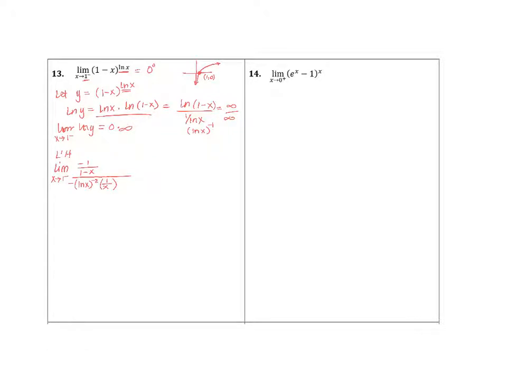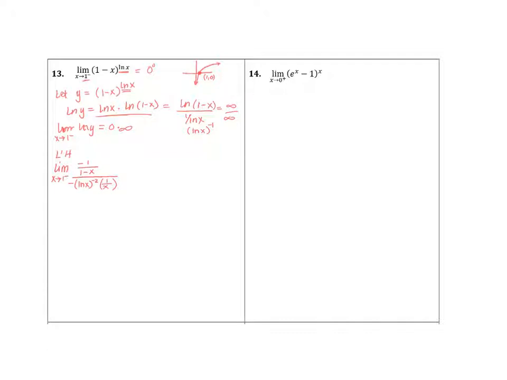If we do L'Hopital's rule again, looks like we're still going to have a mess. We are. So, oh goodness, it looks like we're going to have to do L'Hopital's rule yet again. It looks like we've got a mess here. Yep. And so let's go through L'Hopital's rule one more time.